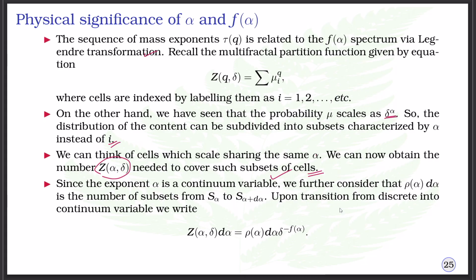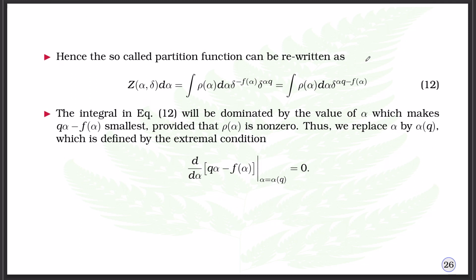Upon transition from the discrete into the continuum variable, we write Z(α, τ) dα, which is equal to ρ(α) dα times δ^(−f(α)).